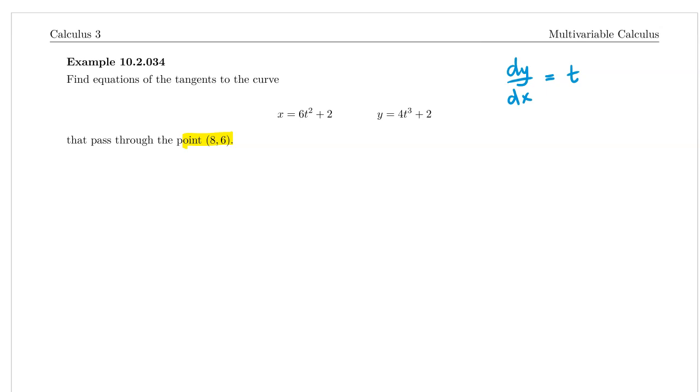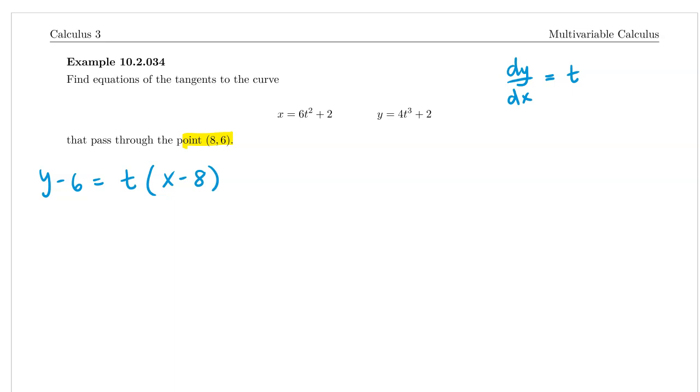So given our parametric equations, I know that the equation of a tangent line that goes through the point (8, 6) is going to look like y minus 6 is equal to t, and I'm plugging in t for our slope since that's what we found the derivative with respect to x to be, and then we have x minus 8.